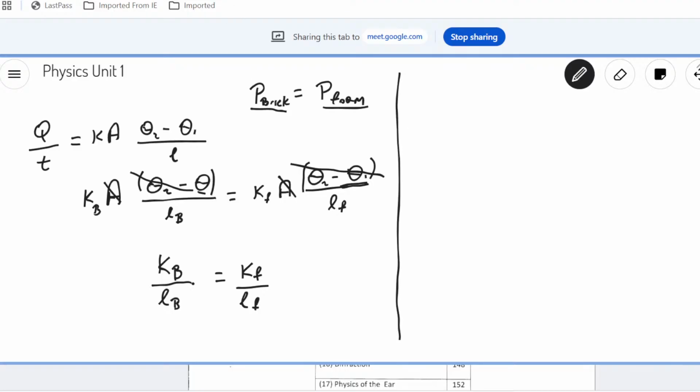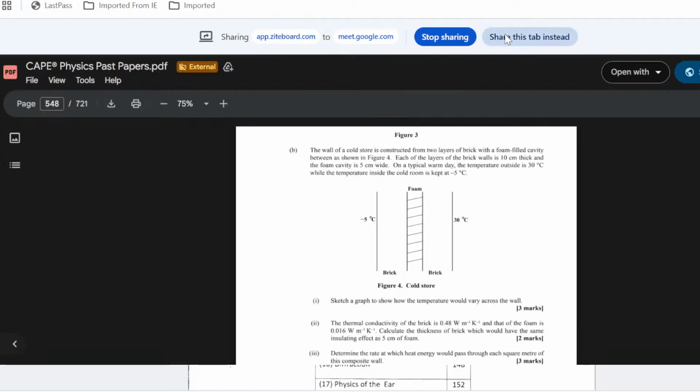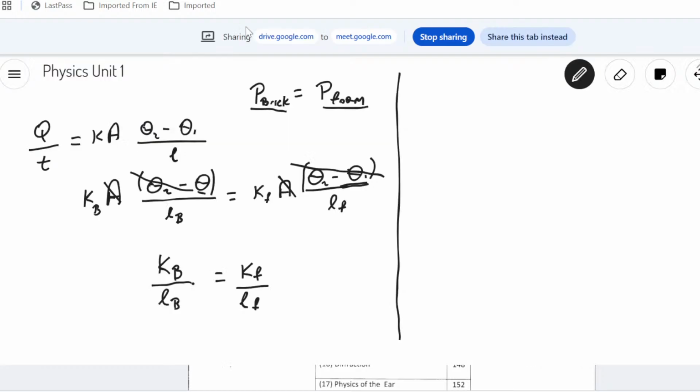So what were the values again? Thermal conductivity and thickness. For the foam, let me just write it as you tell me.